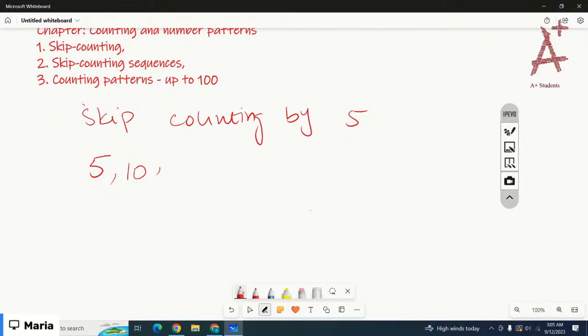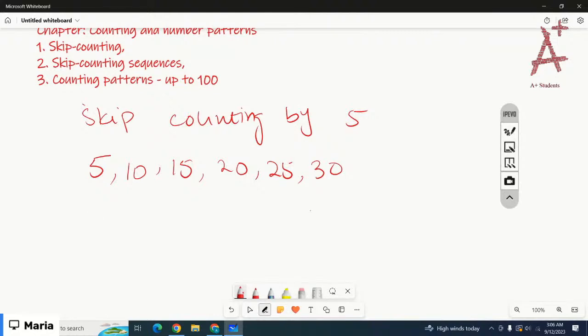Then 10 plus 5, 15. Then 15 plus 5, 20, right? So every time you skip 5 to get the next number, 20 plus 5, 25, right? You don't have the numbers in between 20 and 25. Then 30, that is the skip counting by 5, right?